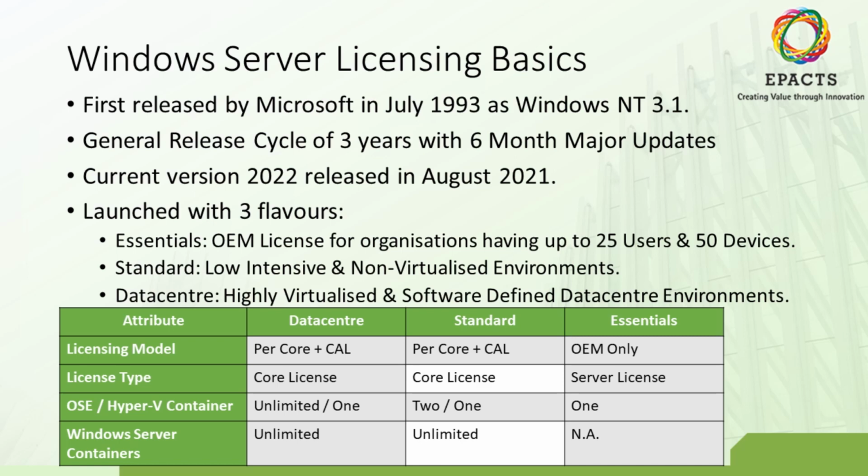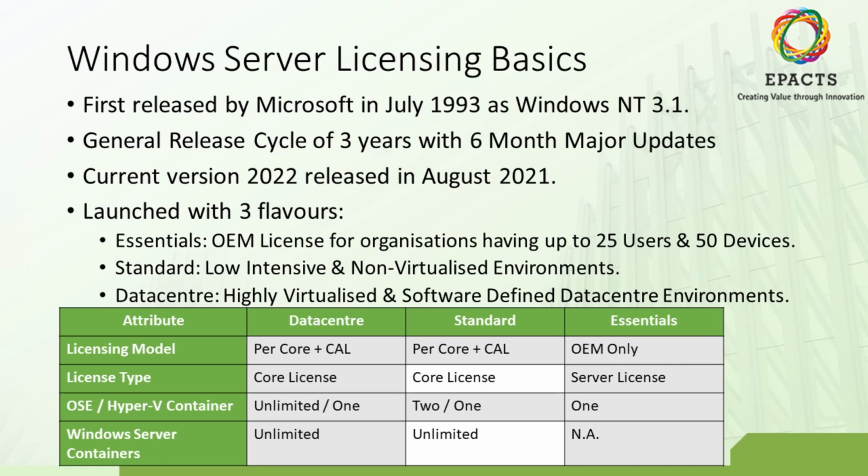If you look at this table here on the screen, you can see exactly how we've taken care of the licensing model. Datacenter Edition and Standard Edition need core-based licensing along with the client access license. Essentials is only sold by the OEM. When we say sold by the OEM, it means it comes pre-installed from the hardware manufacturer.